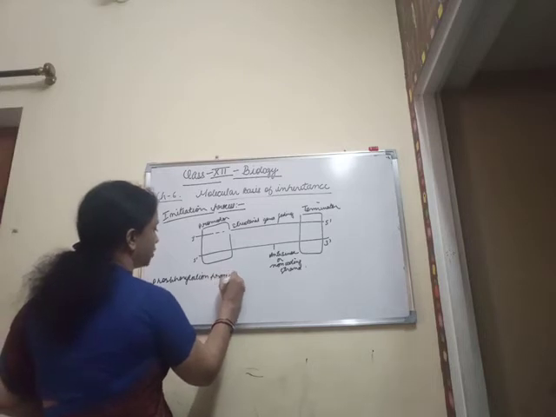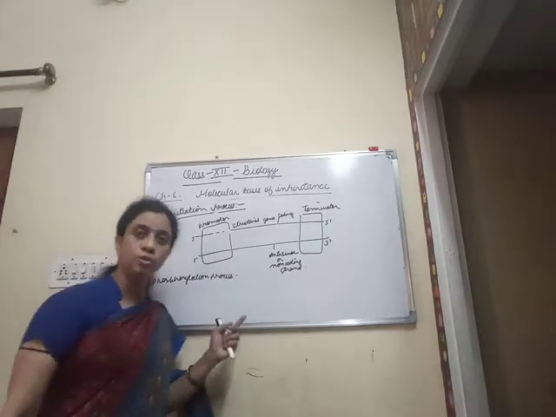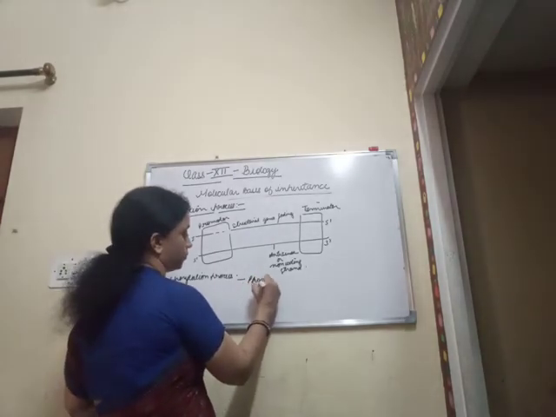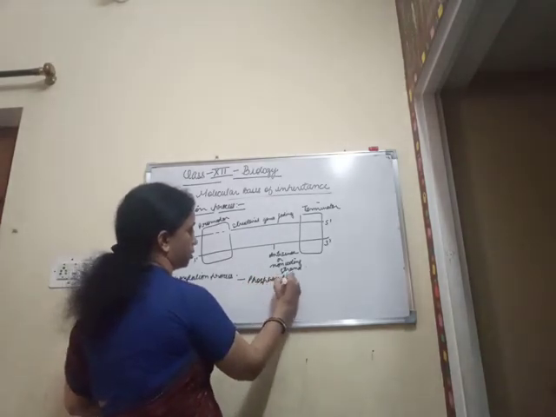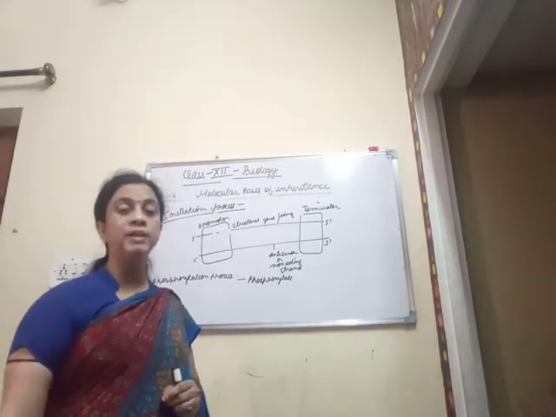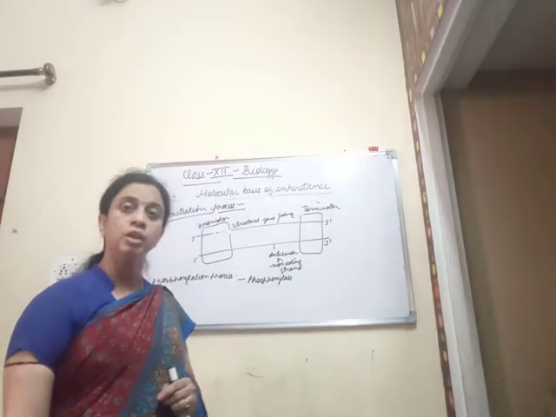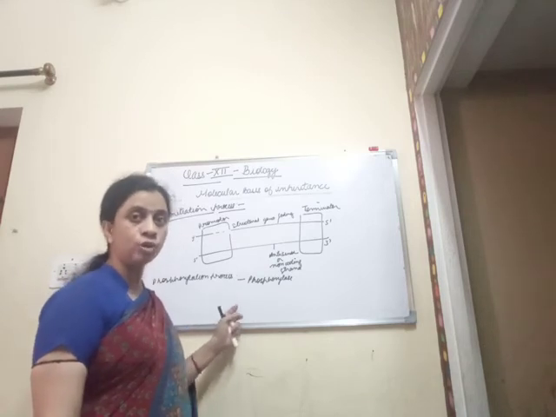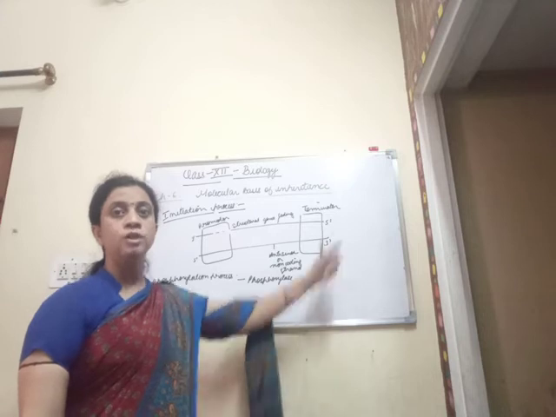Phosphorylation process. Clear? During the phosphorylation process, an enzyme known as phosphorylase is required, and it catalyzes the conversion of the various ribonucleoside monophosphates into ribonucleoside triphosphates.